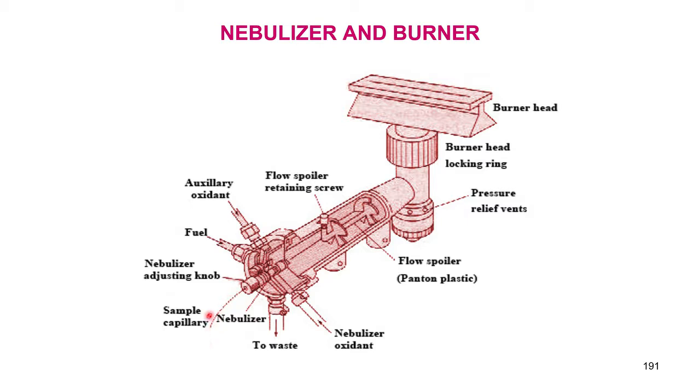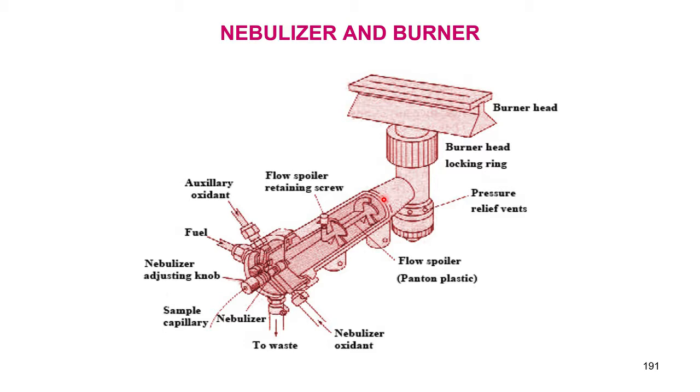This is the sample capillary, and it is a plastic tube of about 1 mm, maybe less than 1 mm, which dips into the sample. So, from the sample it is sucked into this nebulizer, okay.